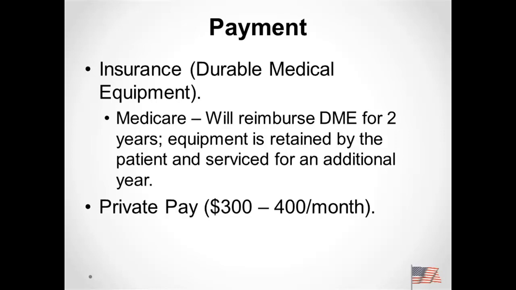Medicare only will reimburse that DME for 2 years. I believe that's still the case. After that, it's the patient's responsibility to maintain the equipment. And you're talking, I think 300 or 400 is pretty conservative. I think it's probably higher than that nowadays.